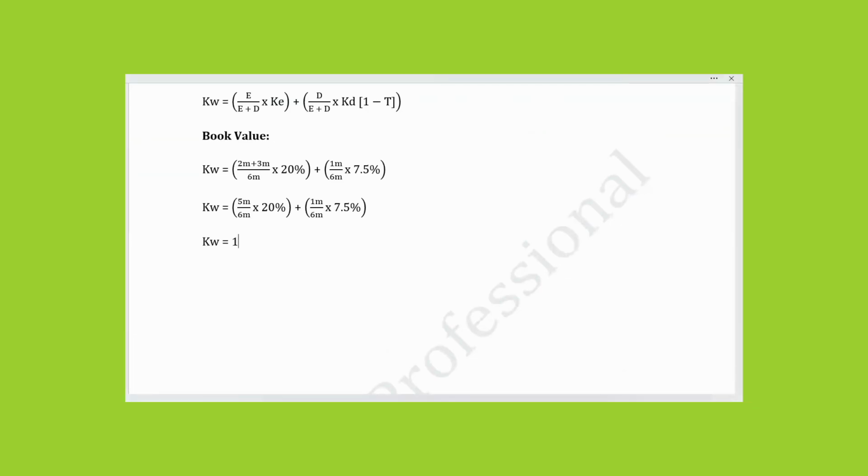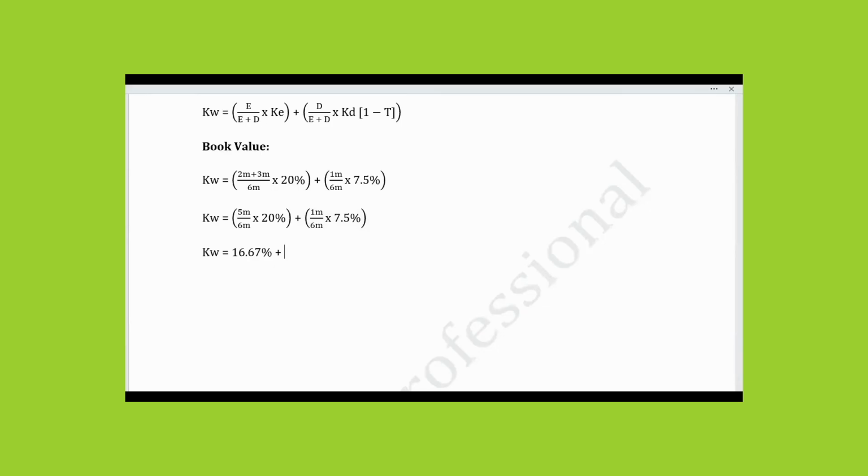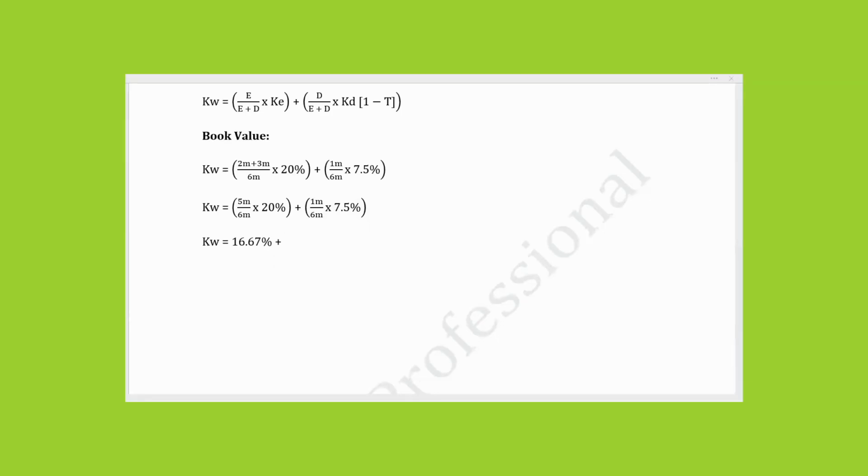So the weighted cost of equity is 16.67%, plus the weighted cost of debt. That will be 1 divided by 6 multiplied by 7.5. That is 7.5 divided by 6, which is 1.25%. Correct.